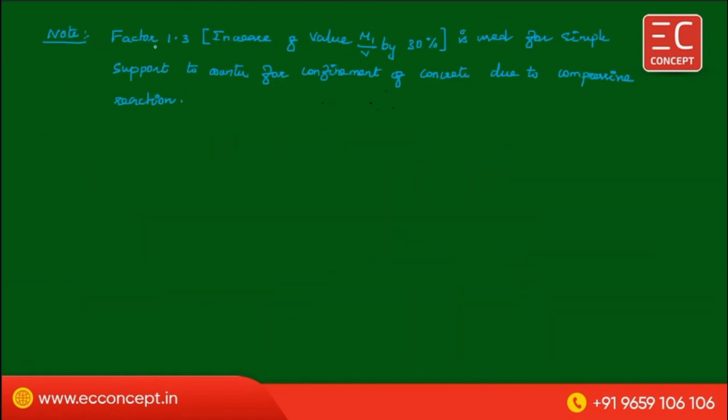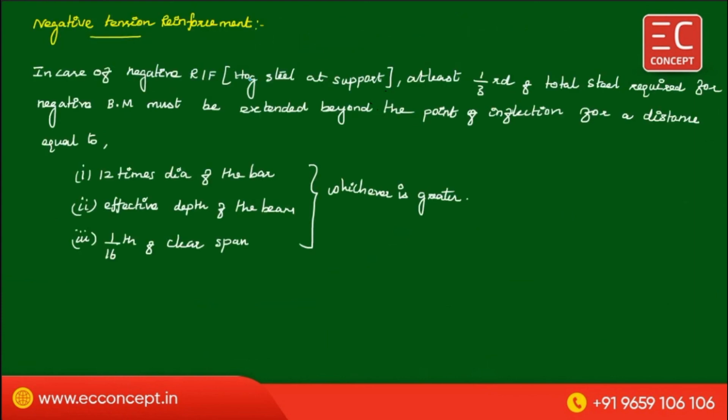Now note factor 1.3, which was used in case of value of N1 divided by B by 30%, is used for simply supported to counter confinement of concrete due to compressive reaction. Now negative tension reinforcement, positive tension reinforcement is over.